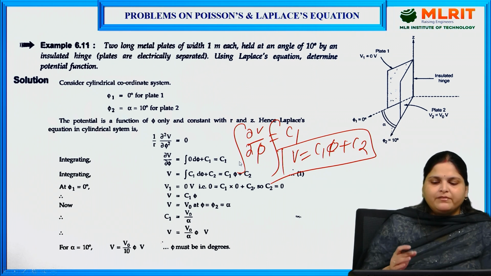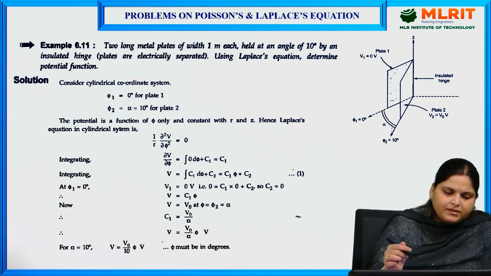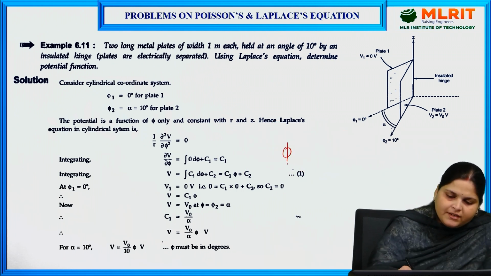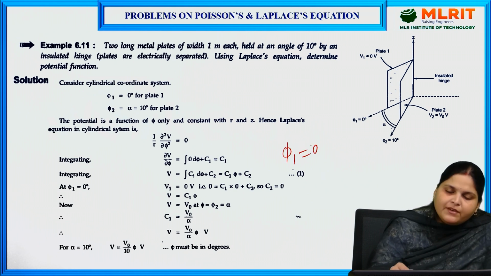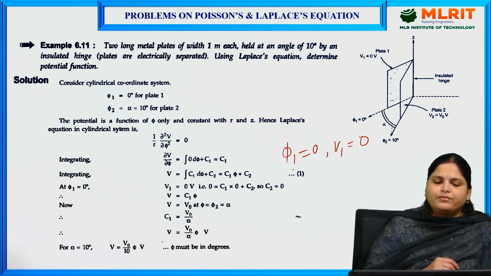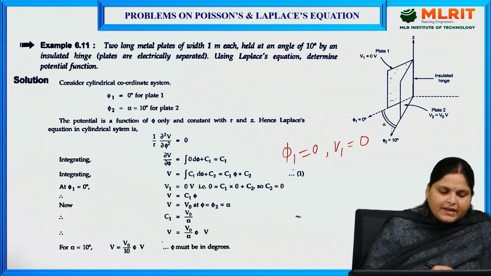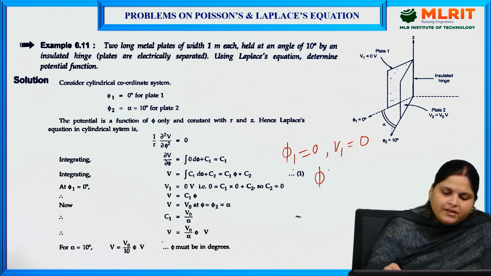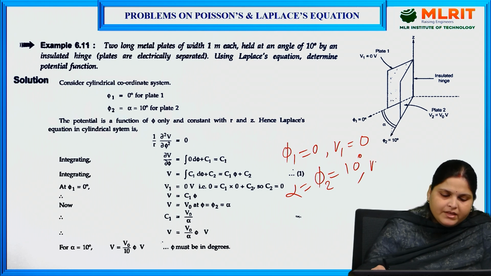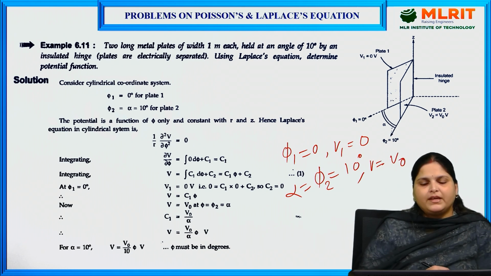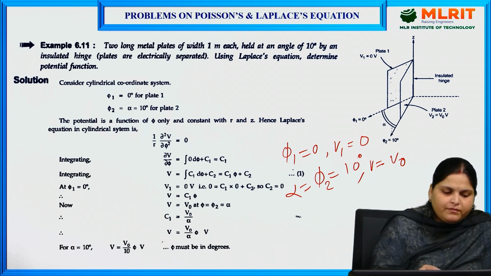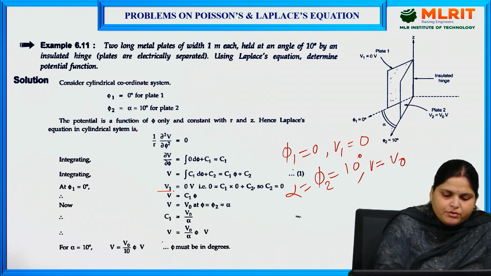As boundary values, what we will take: the first plate is at 0 degree. So we will consider at phi 1 is equal to 0 degree, V1 is also 0, right? And for the second one, we can take that angle as alpha also, because it is given in the question, it is at 10 degrees, and V is what we can take as V naught, right? So let us first put the first value in this equation.